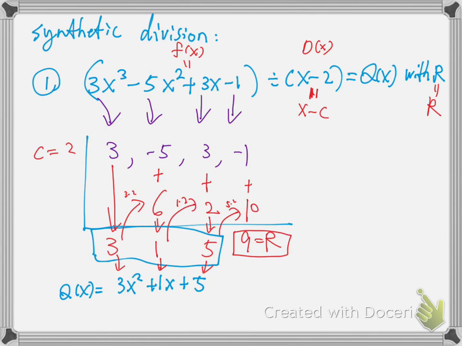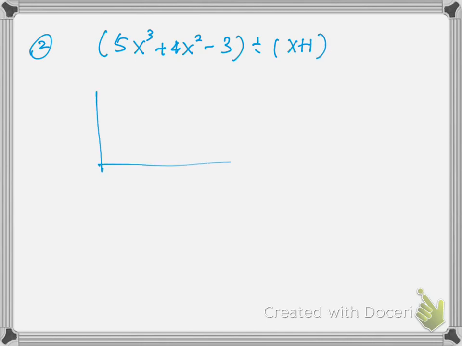Now the second example, 5x cubed plus 4x squared minus 3 divided by x plus 1. I'm not going to do this whole synthetic division. First you have to be careful: x minus c is x plus 1, so c is -1.